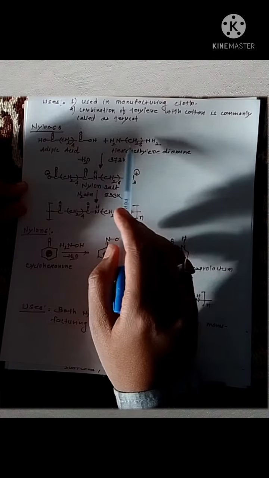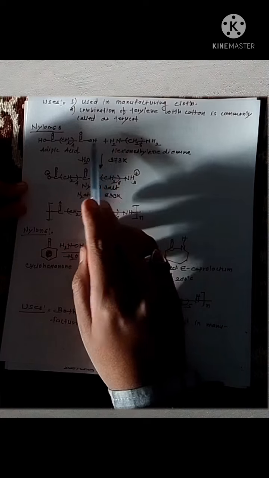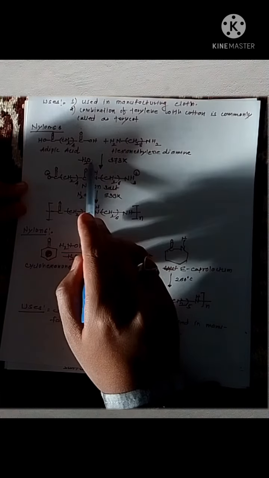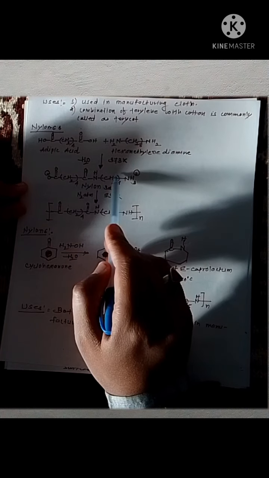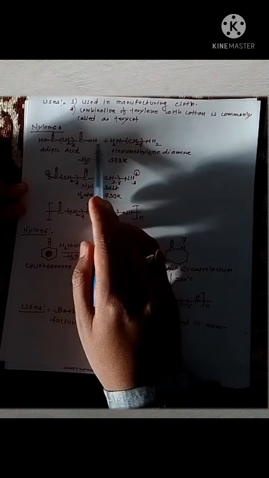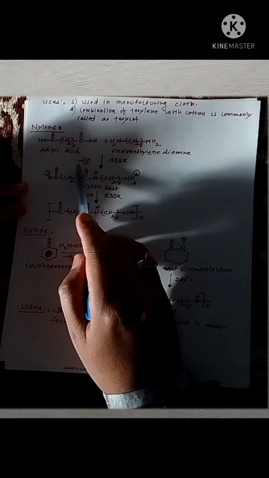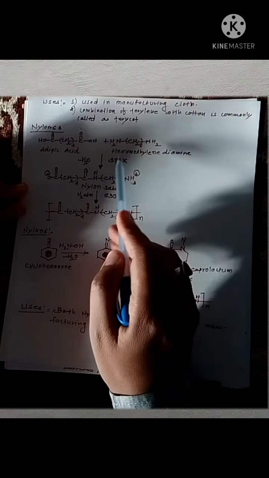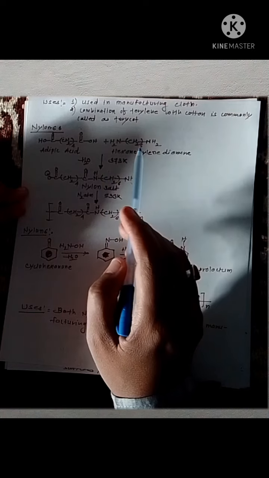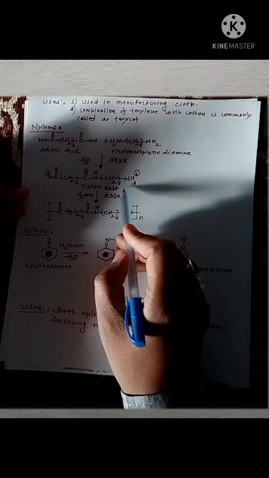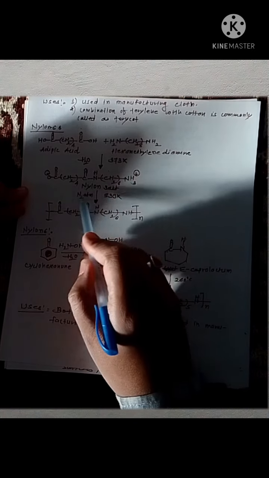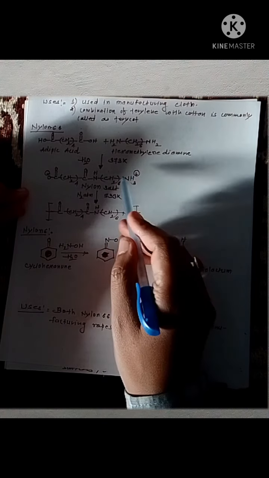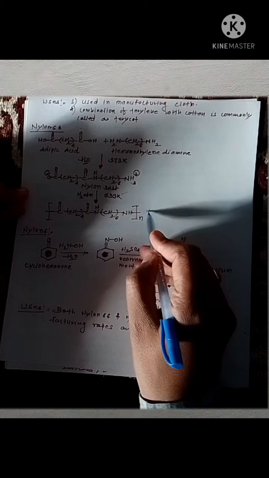When these two molecules react, this is the acid, this is the base, so acid plus base gives you water and salt. Basically, in this reaction a water molecule goes out and the salt of nylon 66 is obtained. This salt is then polymerized under high temperature and nitrogen atmosphere, and we get nylon 66.